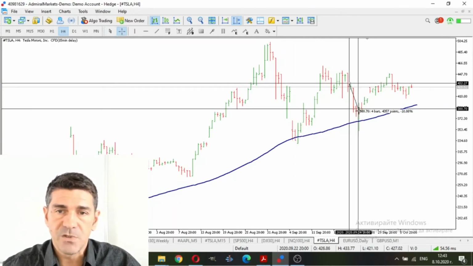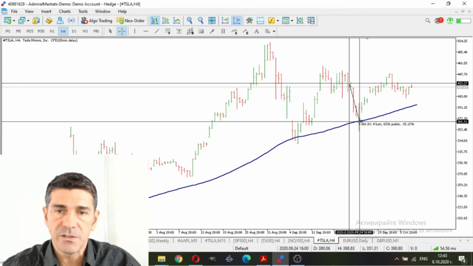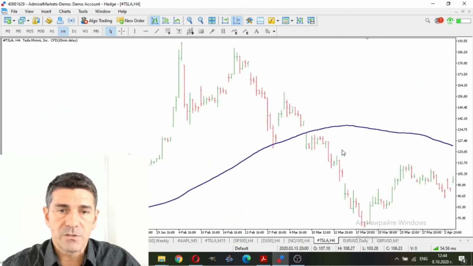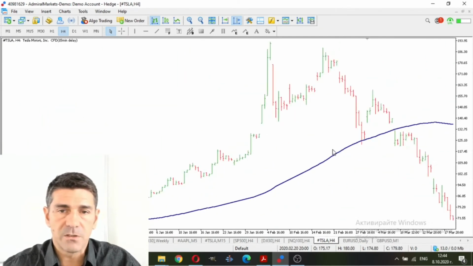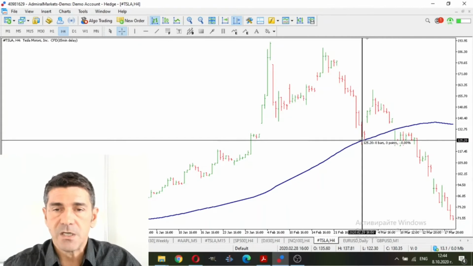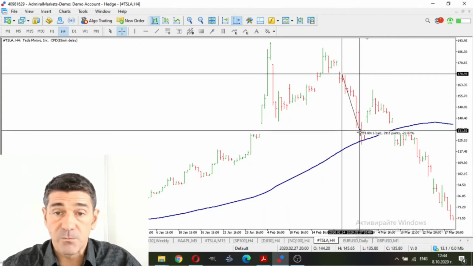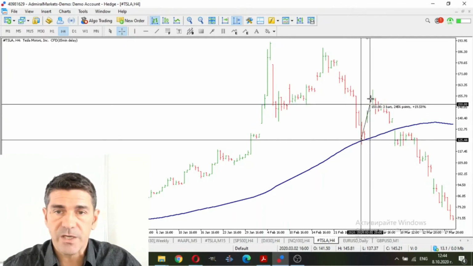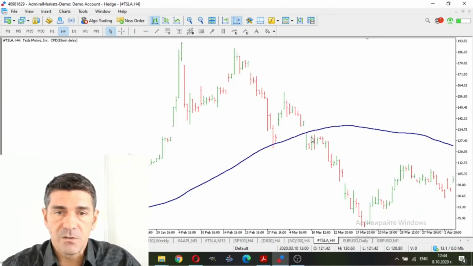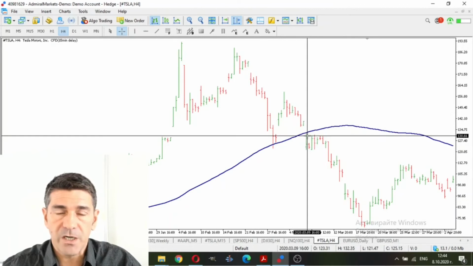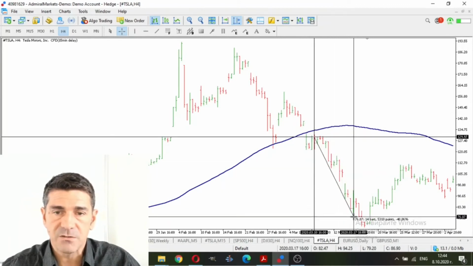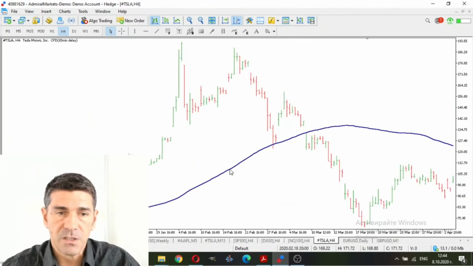Here again, the prices go down until they reach the moving average and bounce back. Let's take a look a little bit further back in the price chart. Here the prices go down until they reach the moving average and bounce back from there. Here we have a breakout through the moving average, and since then the prices start to go down.